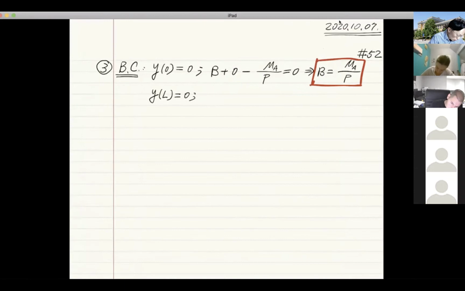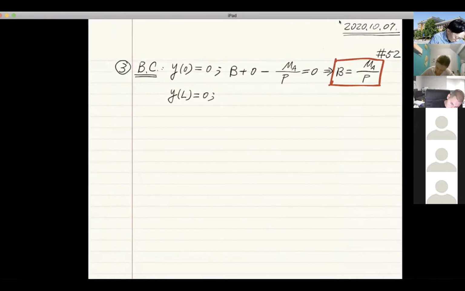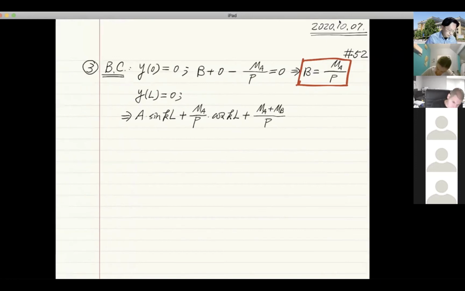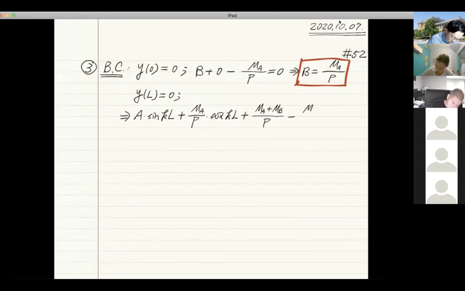And that will lead to the following expression, which is A times sine KL plus, we already know the value of B, so just plug in MA over P times cosine KL plus MA plus MB over P minus MA over P, and this whole thing must be 0.